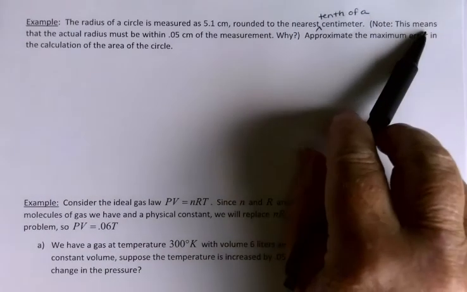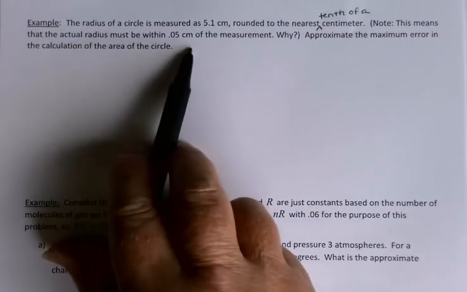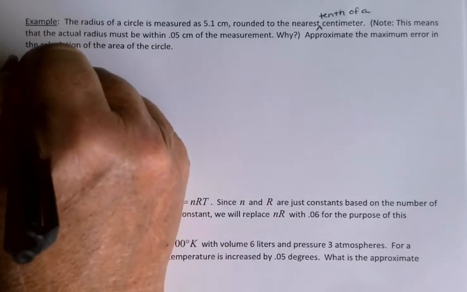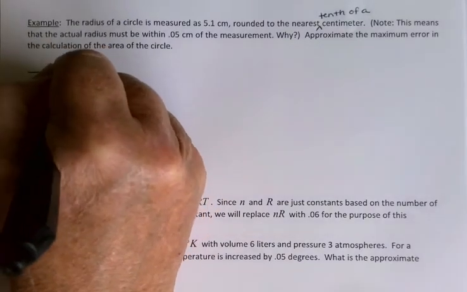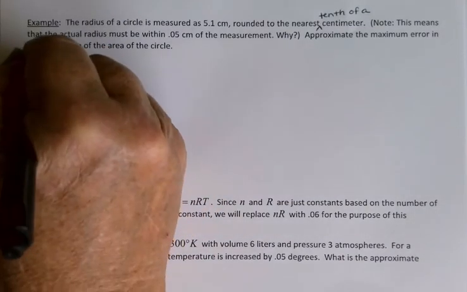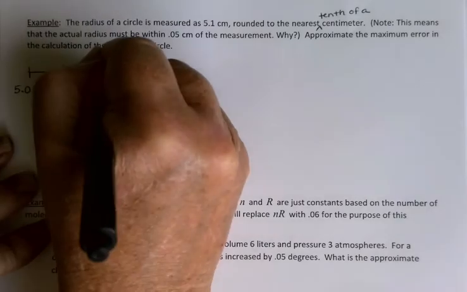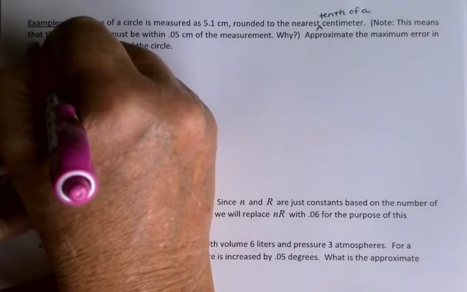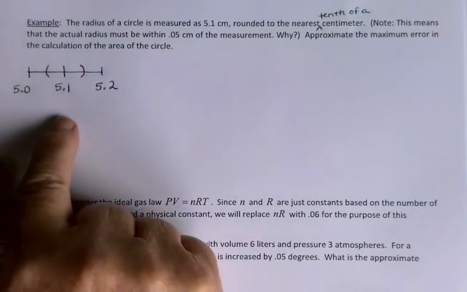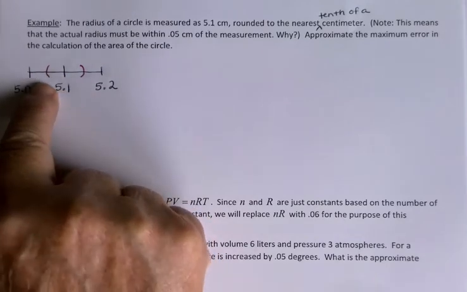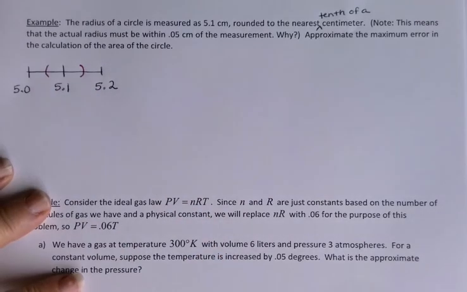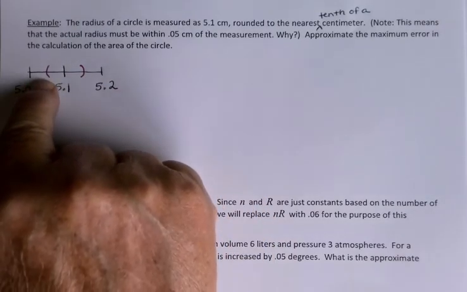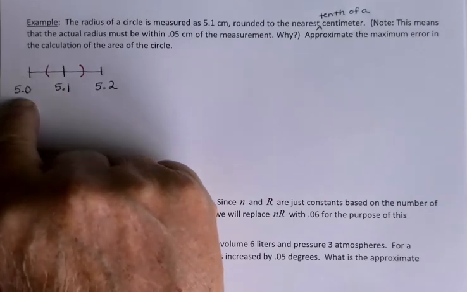And notice that what that actually means is that the real radius must be within 5/100ths of the measurement, right? If you think about this, we measured it at 5.1 to the nearest tenth. So there's 5.0 and there's 5.2. That means that my actual measurement could be off by as much as 5/100ths either way. If it was off by more than 5/100ths, I would have rounded up. And if it was off by more than 5/100ths this way, I would have rounded down.